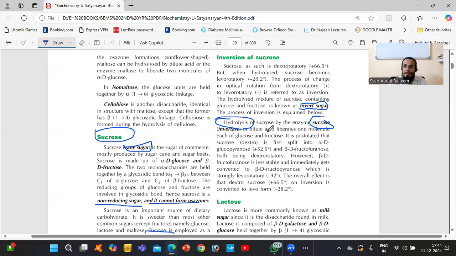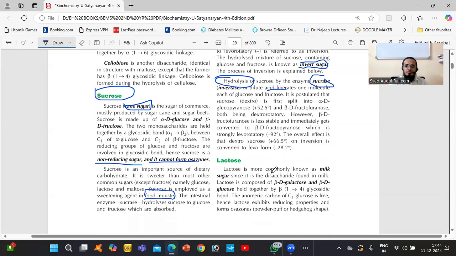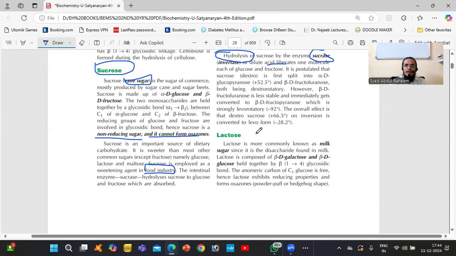Okay, with dilute acid it liberates one molecule each of glucose and fructose. Okay, these are the chemical processes they do to convert the cane sugar into simple sugar or invert sugar, whatever you call it. This is the process.